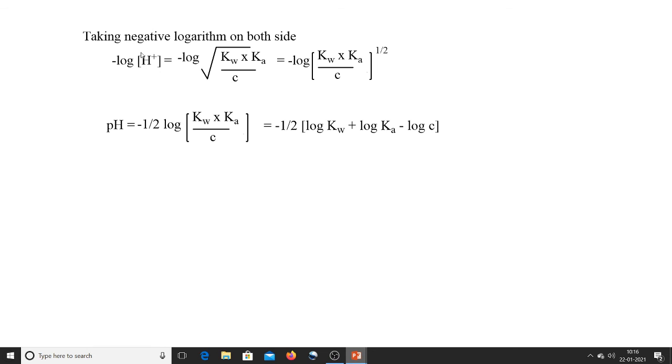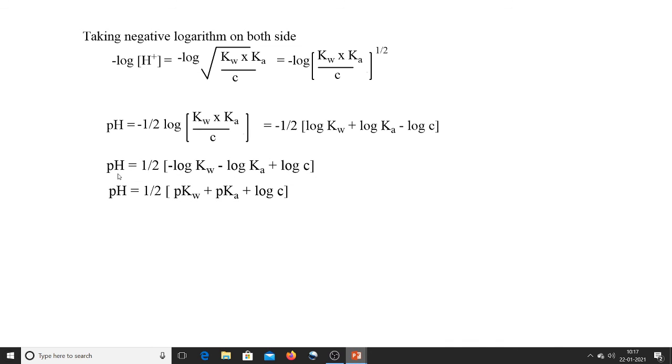Minus log H plus is the pH. So pH is equal to minus 1 by 2 log of Kw into Ka upon C, which is equal to minus 1 by 2 (log Kw plus log Ka minus log C).